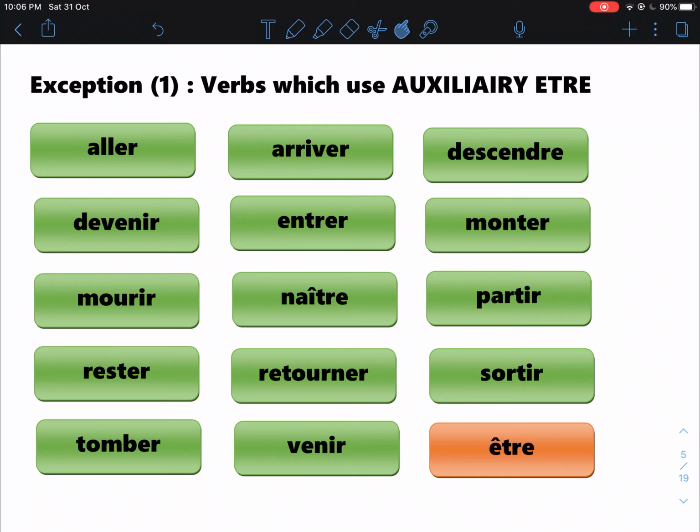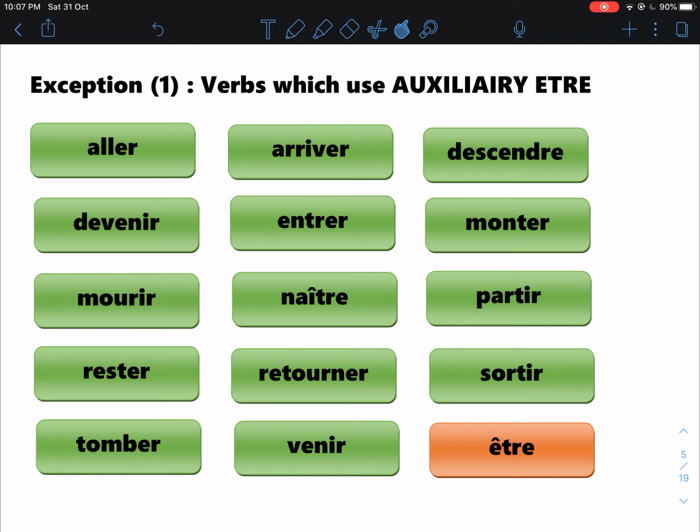So here you have aller, to go; arriver, to arrive; descendre, to go down; devenir, to become; entrer, to enter; monter, to go up; mourir, to die; naître, to be born; partir, to leave; rester, to stay; retourner, to return; sortir, to go out; tomber, to fall down; and venir, to come.